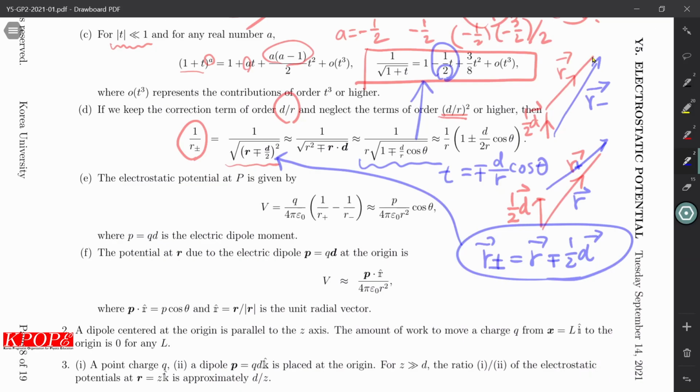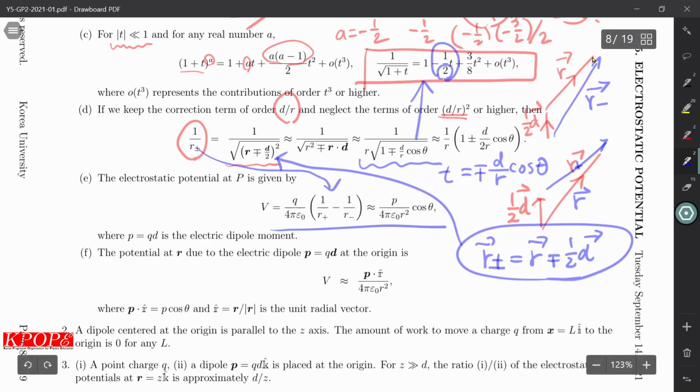Alright, so substitute this result in here. We obtain 1 over the first term cancel exactly, and the second term is double because they have a different sign, but we take the difference.